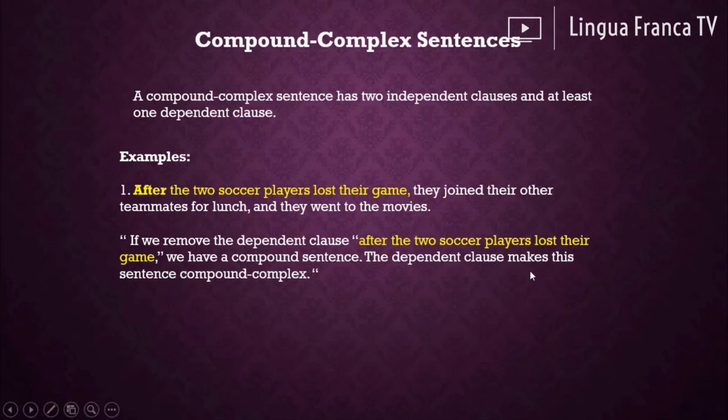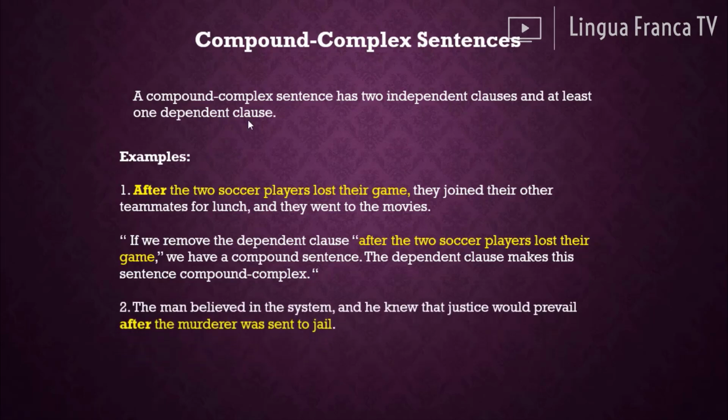The dependent clause makes this sentence a compound complex sentence. Without the dependent clause, this sentence is a compound sentence, right? A compound sentence coming along with one dependent clause makes a compound complex sentence, right? So second example, the man believed in the system and he knew that justice would prevail.